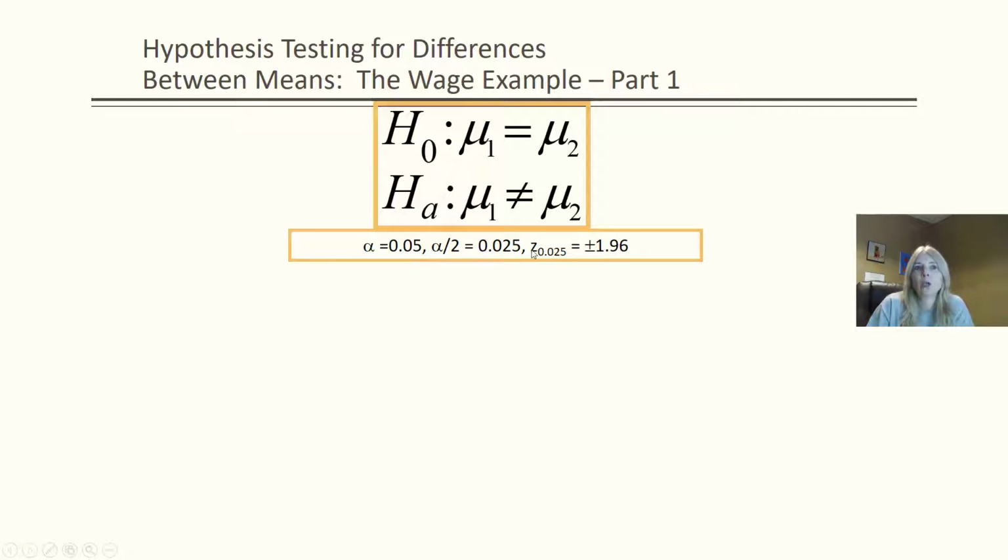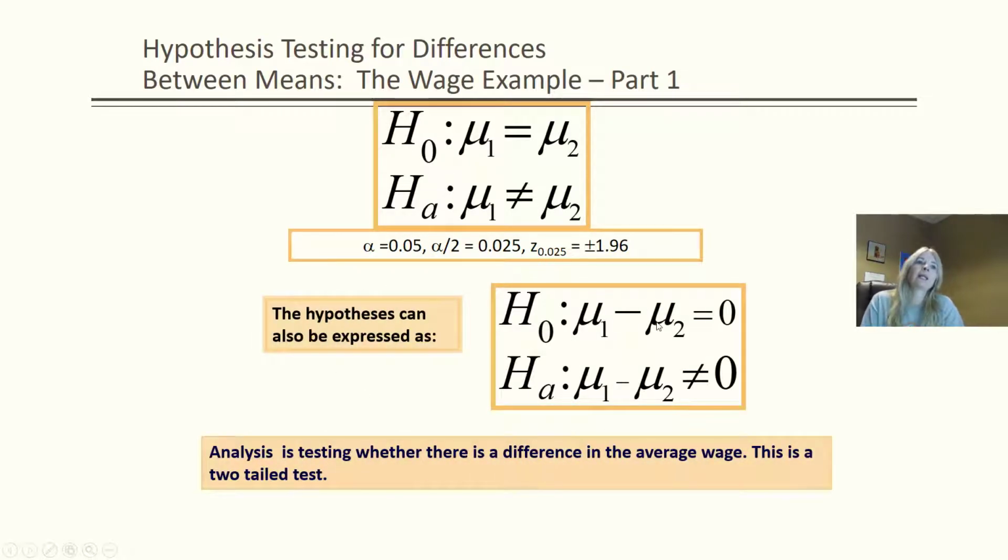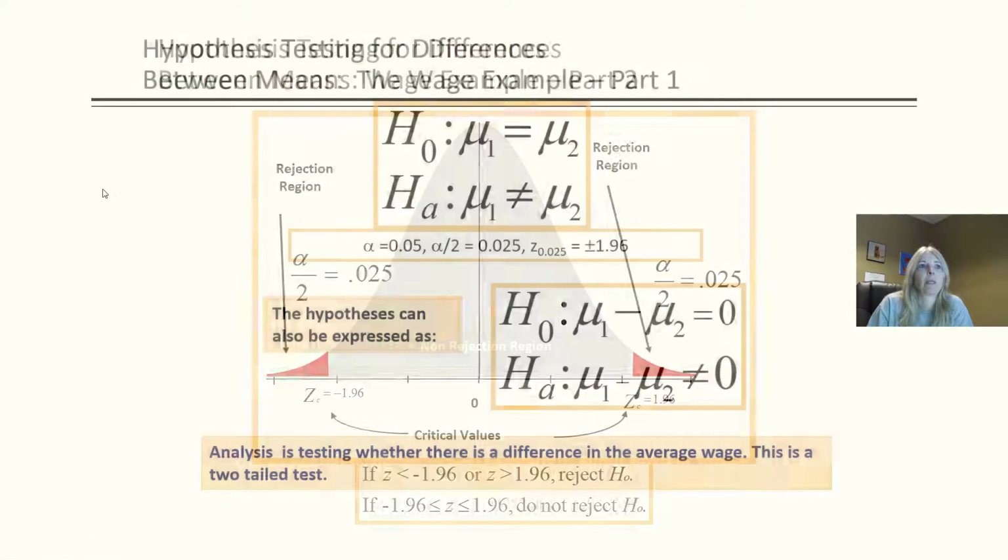So if I want to look up that actual cutoff value, okay, so this is my significance, 0.05, and find the critical value, this is what I'm looking up in a table. And a lot of times you see the hypothesis expressed like this, because this is saying there is no difference, right? If they're the same and you subtract them, you get 0. So these mean the actual same thing.